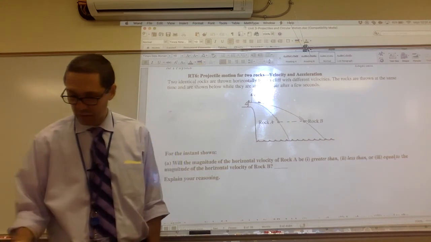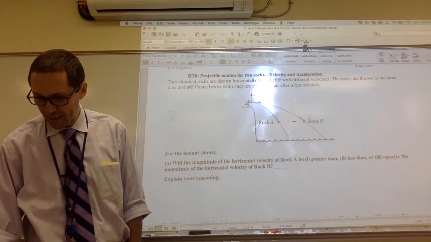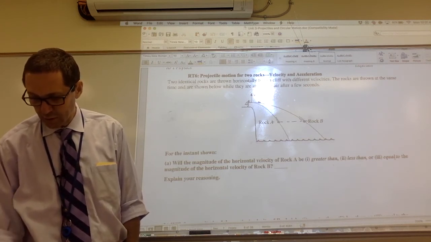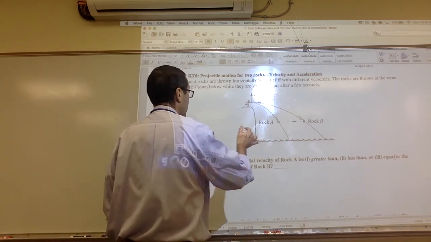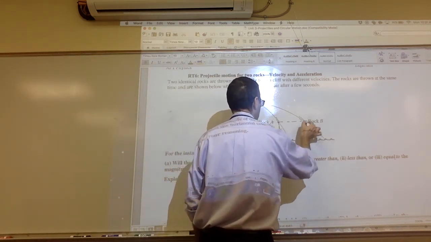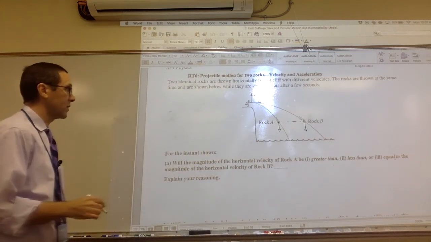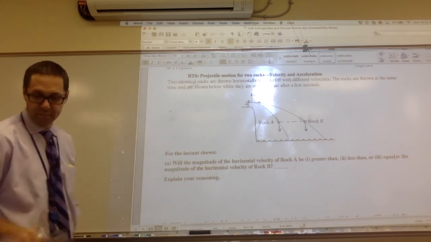The next question is, will the magnitude of the vertical velocity of rock A be greater than, less than, or equal to the magnitude of the velocity of rock B? They're going to have the same vertical velocity because they are at the same height and they dropped for the same amount of time, right? So they increased their speed by the same amount vertically.